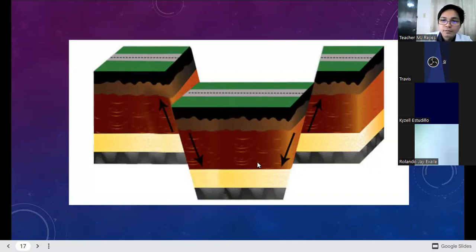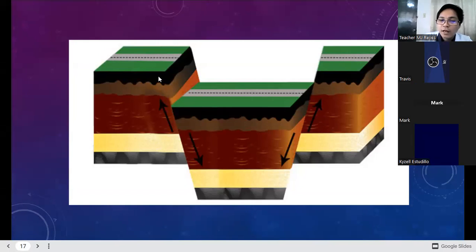I think it's a normal fault because it's just going down. So what is this? If the hanging wall goes down, it's a normal fault. If the hanging wall moves up, it is a reverse fault. It's a normal fault. Two normal faults.